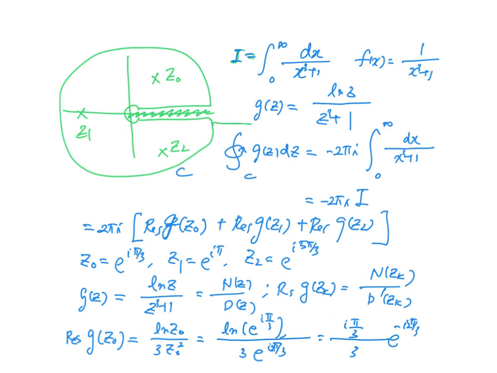This part is minus 2 pi I, right? So continue, I pi over 9. What's it? Cosine pi over 3 minus I sine pi over 3. So, yes? That has to be 2.